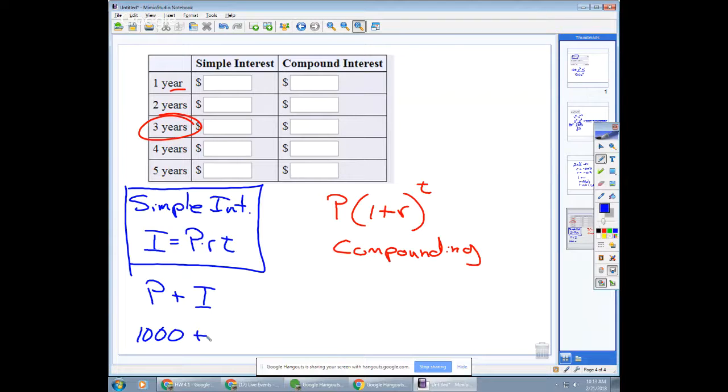So my interest part is whatever I invested times my rate, which was 5% here. How much time has gone by? In this particular row, 3 years have gone by. So there's no compounding here, there's no powers. It's just principal times rate times time is your increase, add that onto where you started. Okay, so I'll whip out a calculator and get that number, write it down.